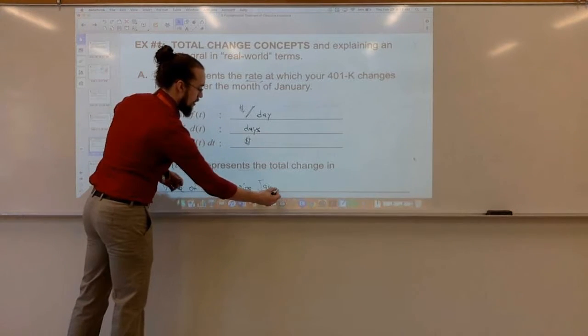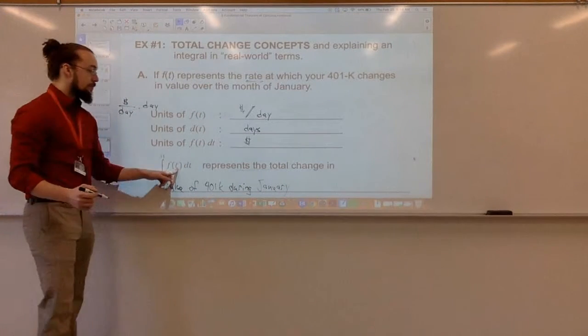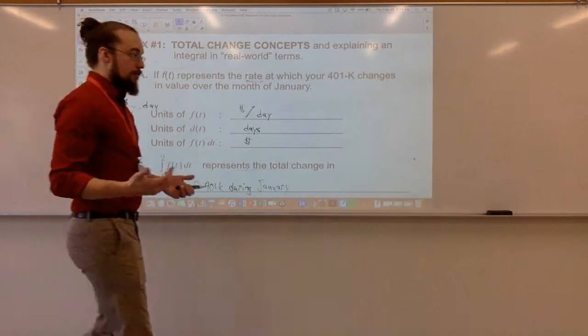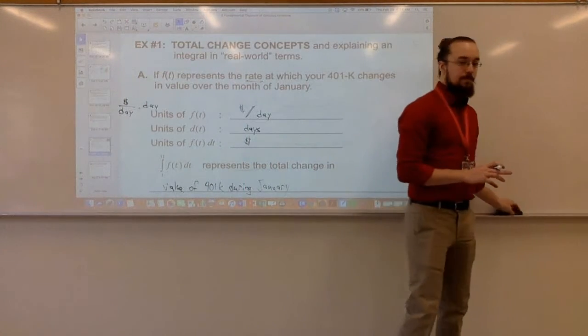So if I know that f of t is the rate at which it's changing, and I take the integral of that, that's going to get me the total change in the value of the 401k, the net change. That's what area under a curve always is going to be. It's going to be the net change of that original curve.